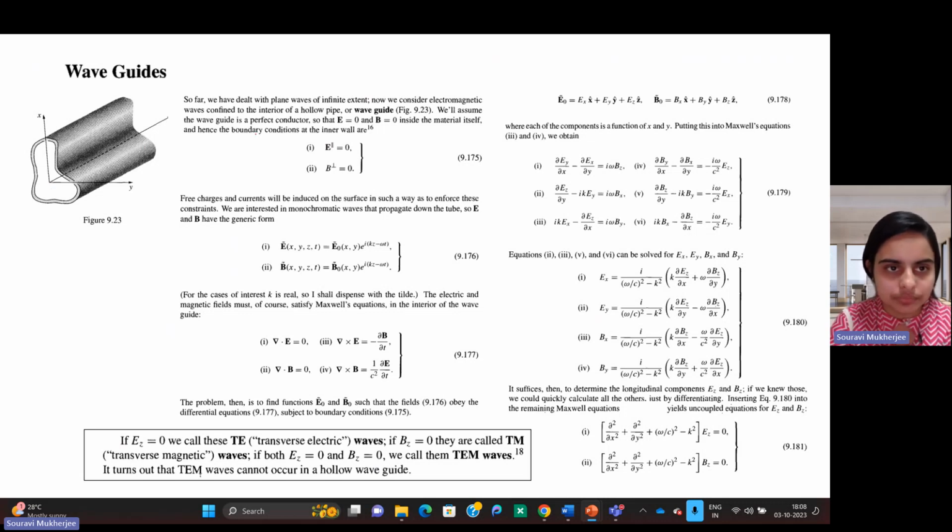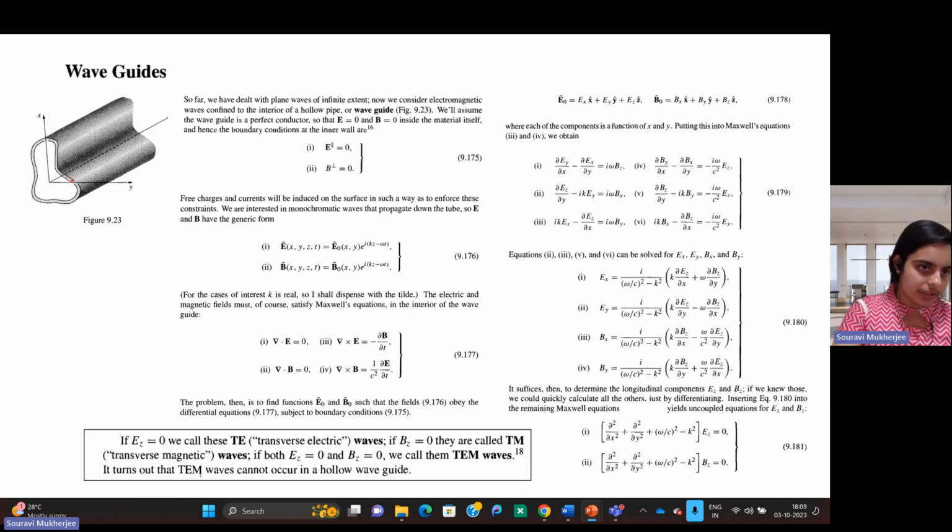Okay. Now, because it's a perfect conductor, that means inside this material, the electric field and the magnetic field should be zero, right? So now if you apply your boundary conditions, basically what do you want to get? You want to see what kind of waves propagate through this hollow pipe, right? So you want to find the electric fields in this region.